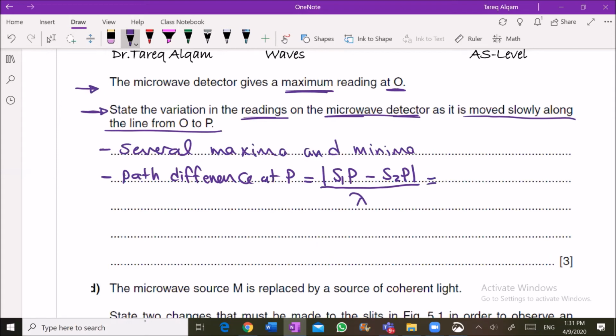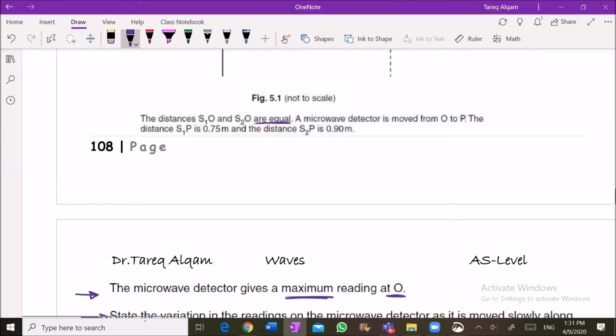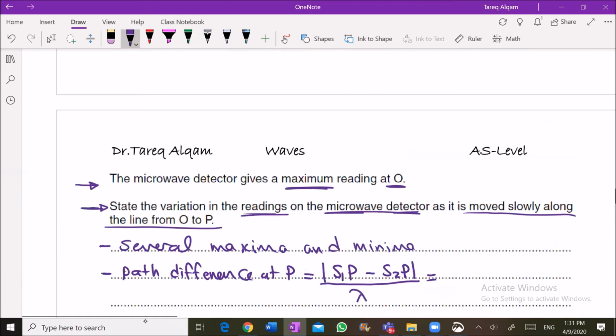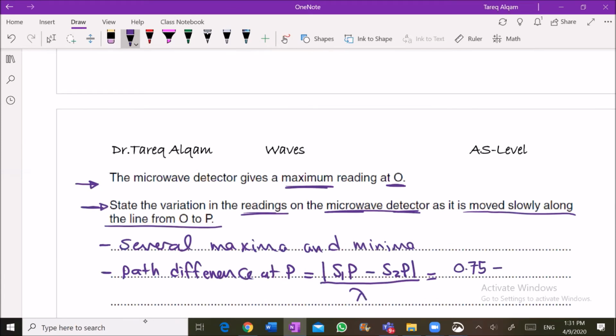This will be 0.75 minus 0.90 over the wavelength, which is 0.025.